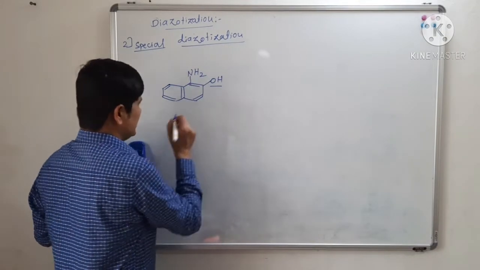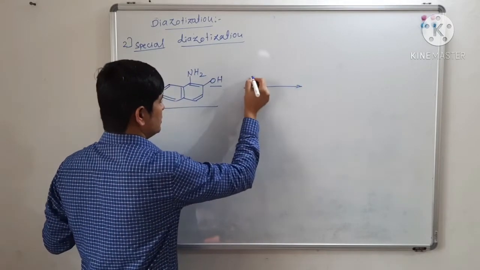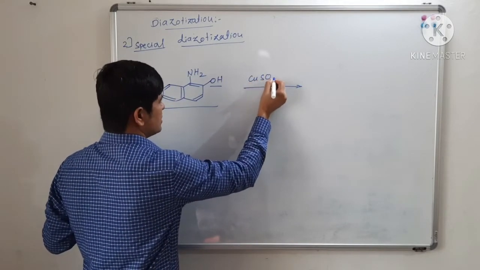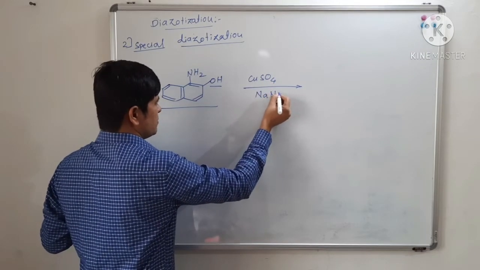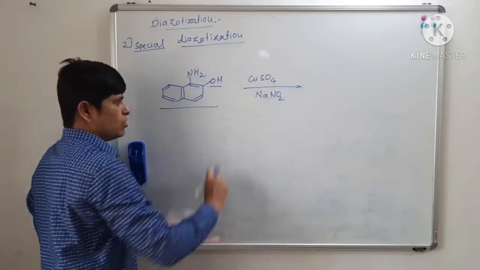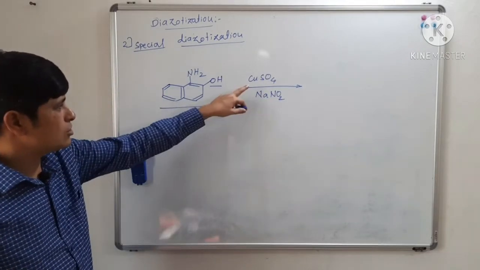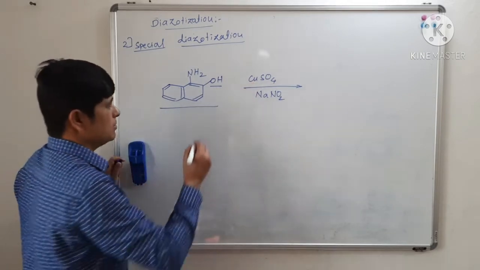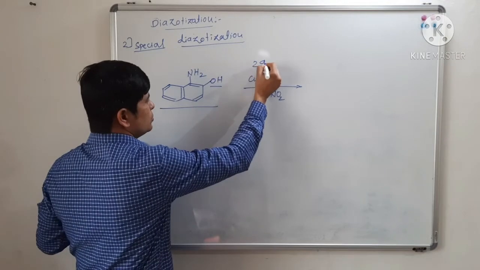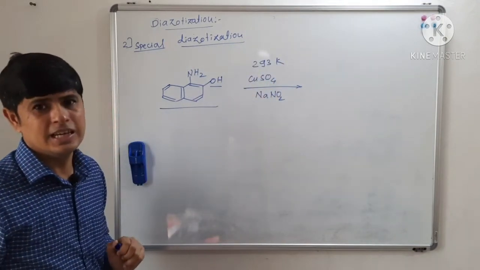We have to react such type of compound with sodium nitrite in presence of copper sulfate at 293 degree Kelvin.